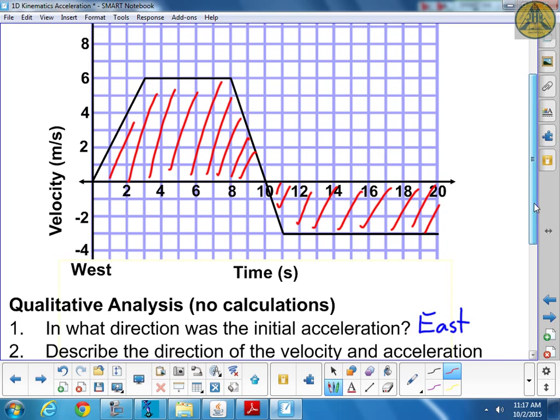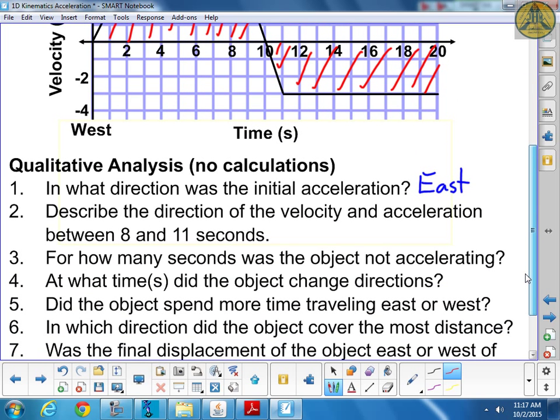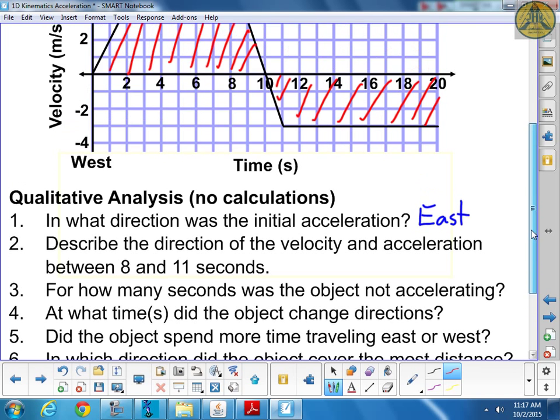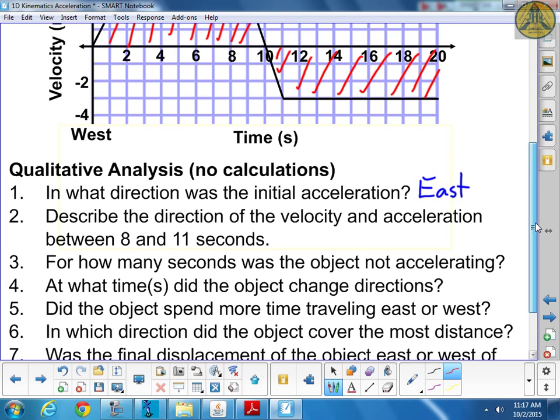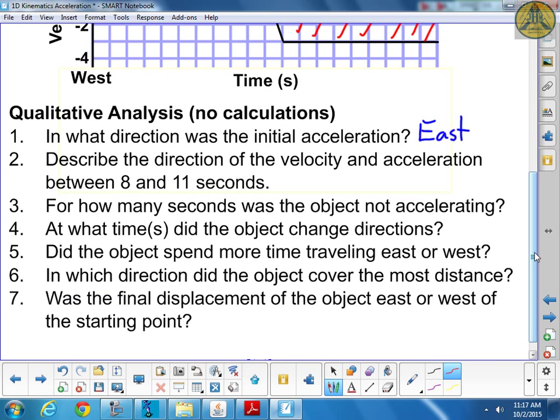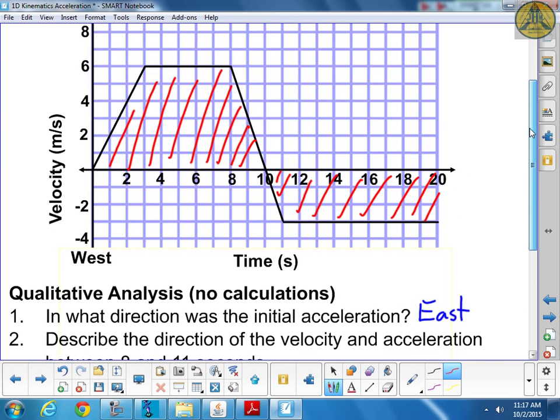And 7, the final displacement of the object east or west of the starting point. Where did this object end up from the starting point? Did it end up east or west? If you did the math, would you get a positive result or a negative result? Any guesses? Which area is bigger?